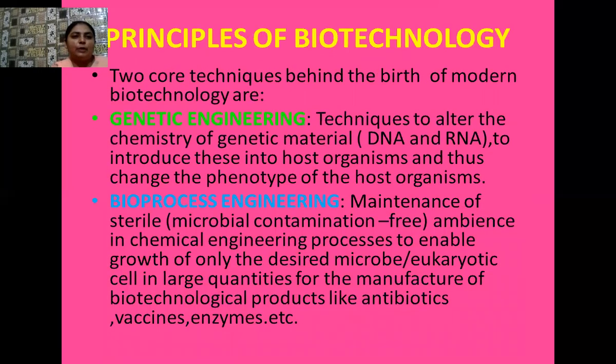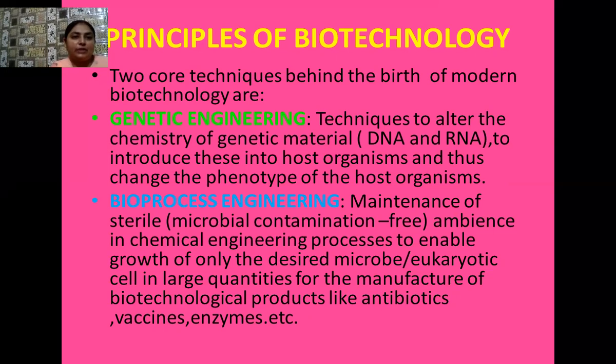Yes, students, I am going to discuss here the principles of biotechnology. So there are two core techniques that are behind the birth of this new branch, which is biotechnology. One is genetic engineering. So what comes under genetic engineering? Genetic engineering contains techniques to alter the chemistry of the genetic material. You know that there are two types of genetic material, DNA and RNA.